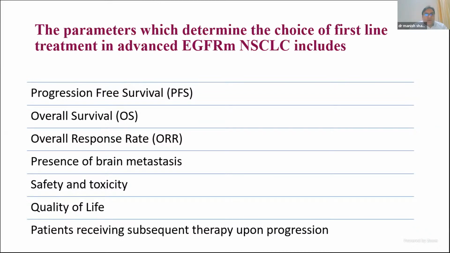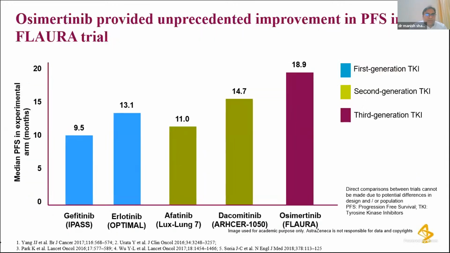Lung cancer frequently goes to the brain, and hence a drug which penetrates the blood-brain barrier is of utmost importance. Then we need a safe and less toxic drug for our patients, which maintains quality of life, and the patient receiving subsequent therapy upon progression. So these are all the 7 points on which the first-line treatment of advanced NSCLC should depend.